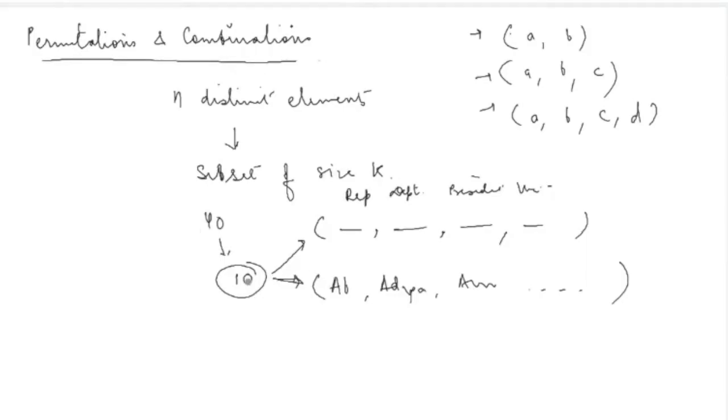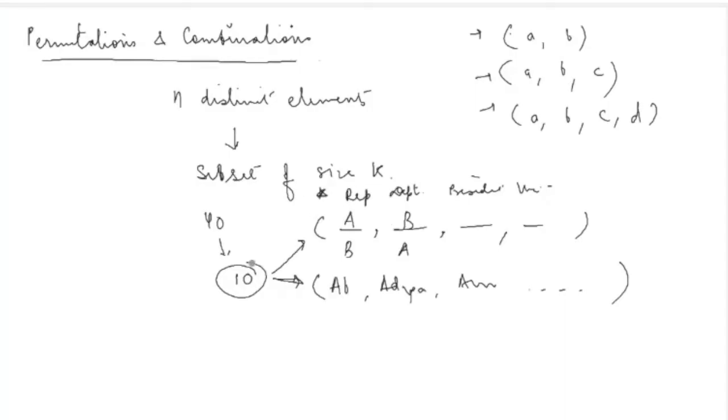Now, whether I am selecting student A first, student B second is now important. Why? Because अगर मैं representative के लिए student A को select कर रही हूँ, और student B को दूसरी position के लिए select कर रही हूँ, this will be different from the case when I am selecting student B for the first position and student A for the second position. The order will be important in this particular case.